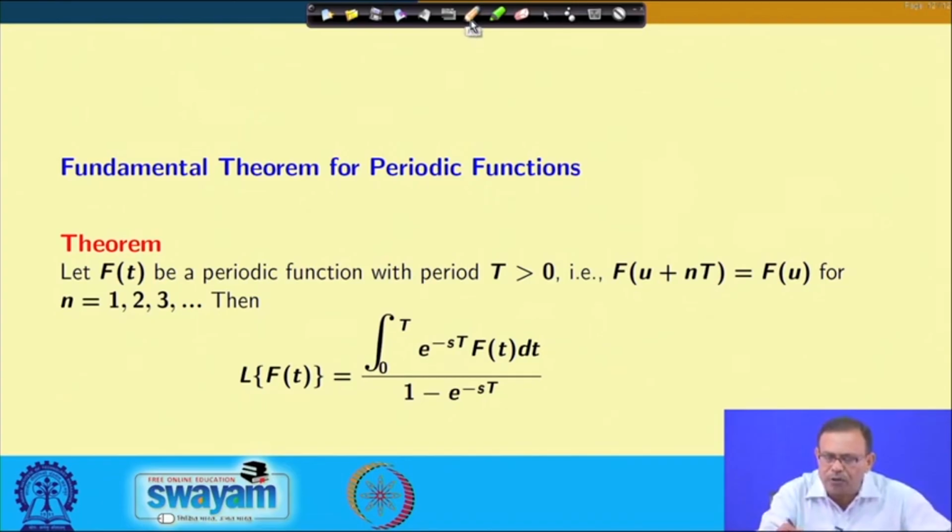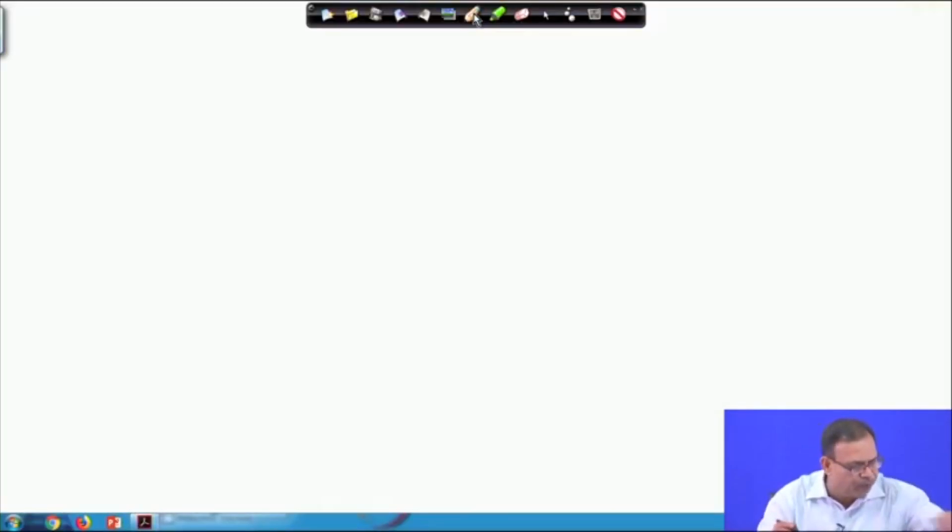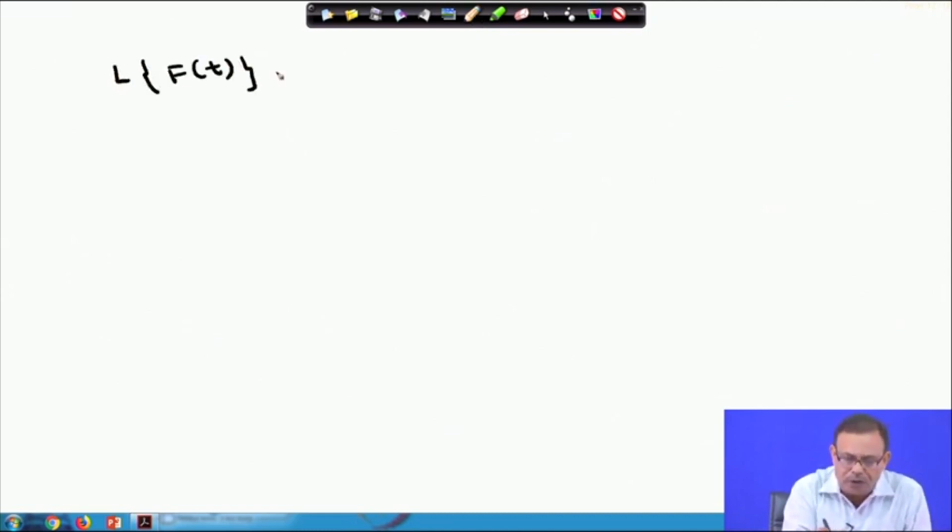First, let us go through the proof of this. The Laplace transform of f(t) equals the integral from 0 to infinity of e to the power minus s t into f(t) dt.